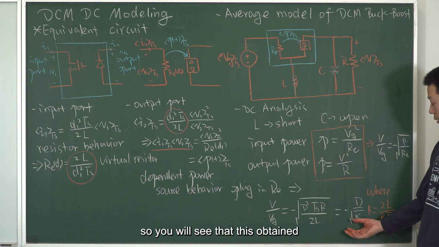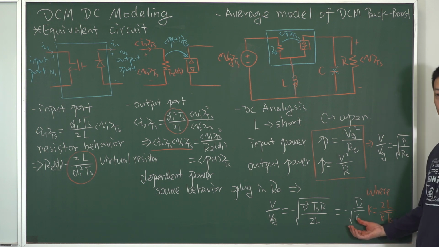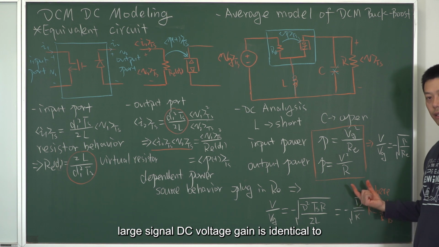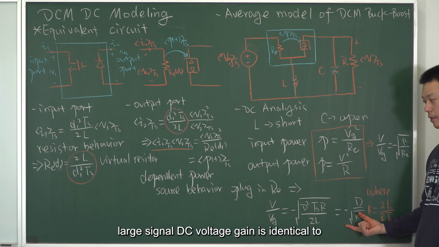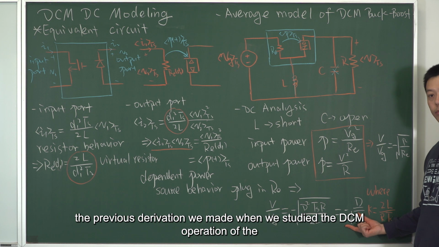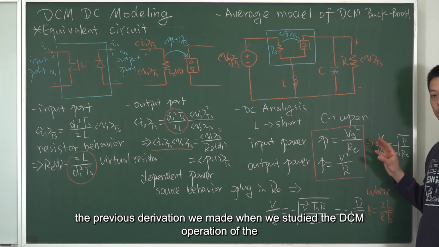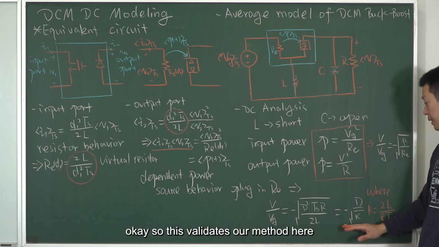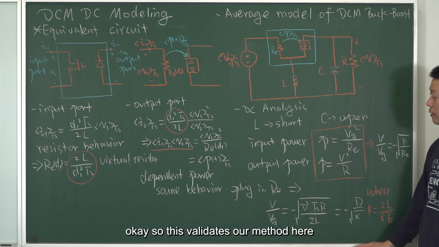So you will see that this obtained large signal DC voltage gain is identical to the previous derivation we made when we studied the DCM operation of the switch mode power supply. Okay, so this validates our method here.